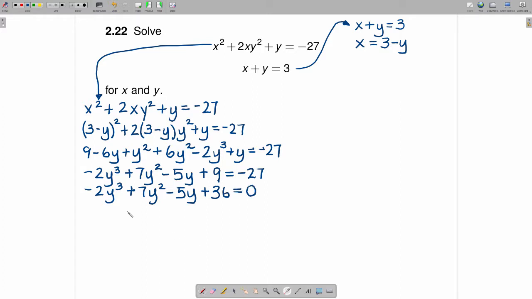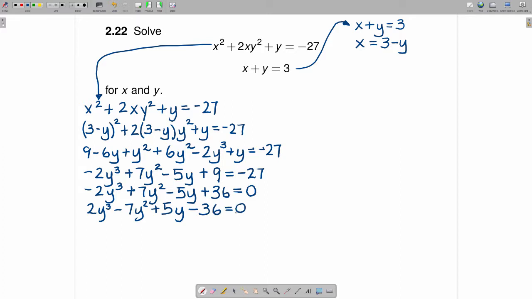Now, most people at this point would, because there's a leading coefficient out here, which is negative, multiply this through by negative 1. That doesn't change the solution, but most people would multiply it through by negative 1 and they would get this as the polynomial they want to solve.